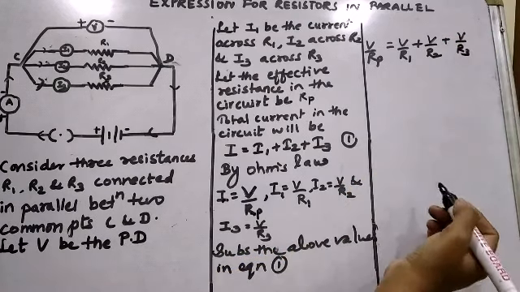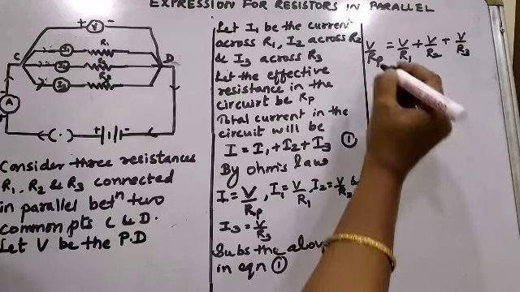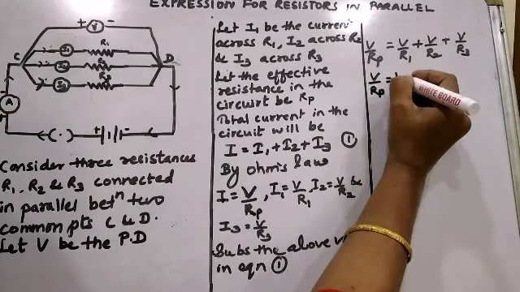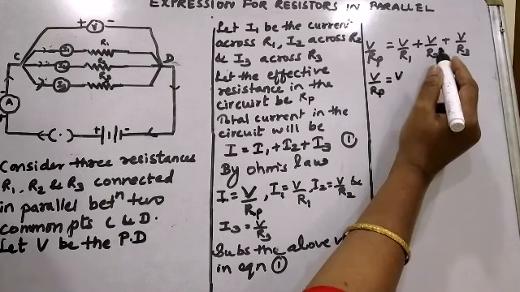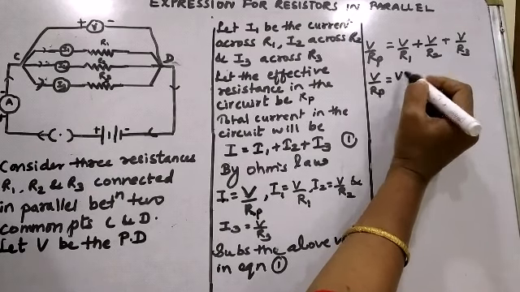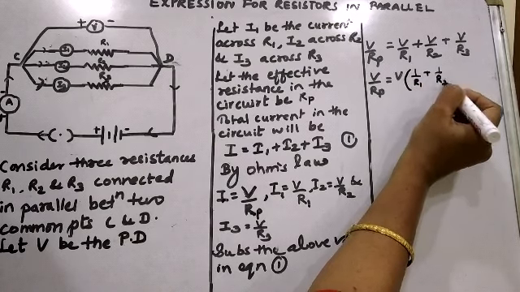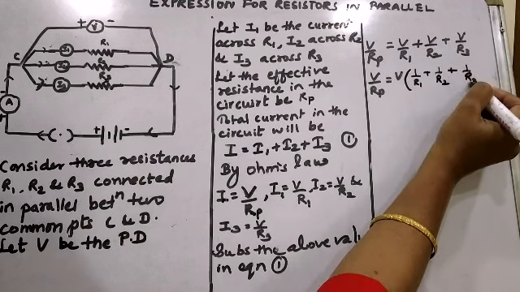Now you will find V is common in the numerator. So V upon Rp will remain as it is, and I am going to take V common from V upon R1 plus V upon R2 plus V upon R3. So if V is common, we get 1 upon R1 plus 1 upon R2 plus 1 upon R3.